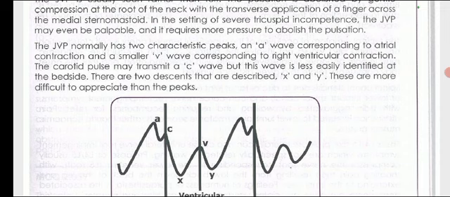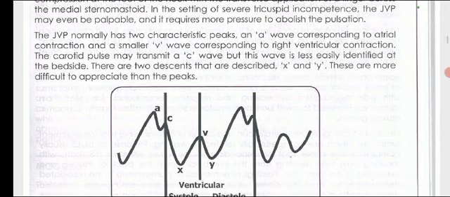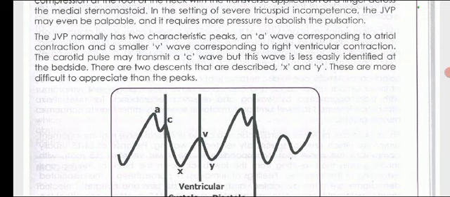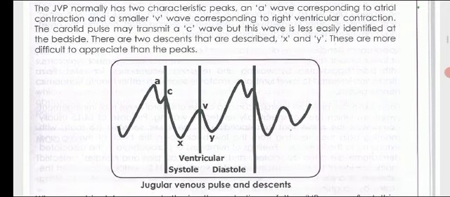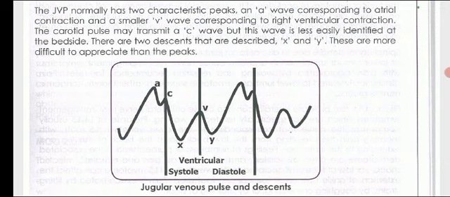The carotid pulse may transmit a C wave, but this wave is less easily identified at the bedside. There are two descents that are described, X and Y. These are more difficult to appreciate than the peaks. So this is the JVP. X and Y are descents.